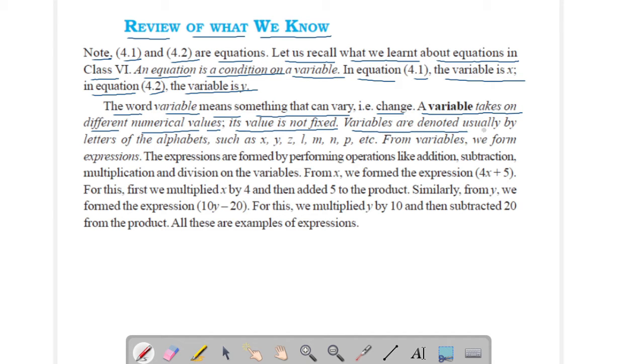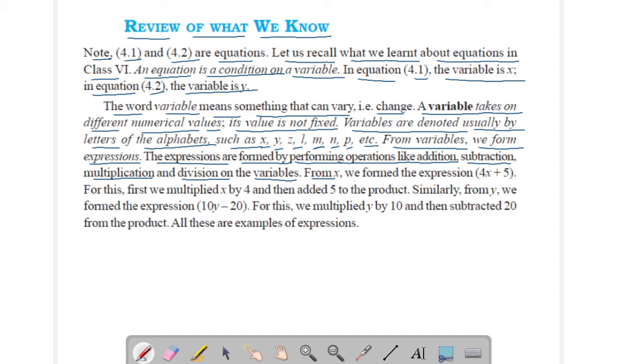Variables are denoted usually by letters of the alphabet such as x, y, z, l, m, n, p, etc. From variables, we form expressions. The expressions are formed by performing operations like addition, subtraction, multiplication, and division on the variables.